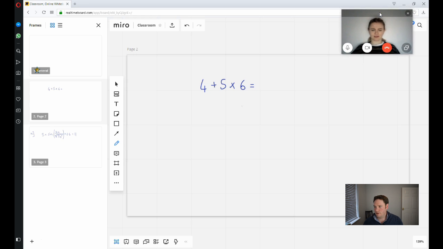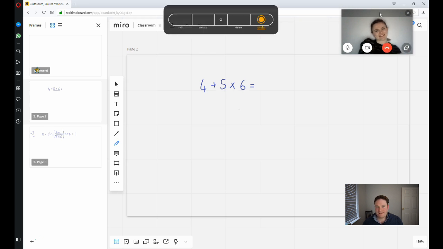54. If I'm doing it in the right order, then it's 54, but it's whether I'm doing it in the right order. Did you do these 2 times together first? No, I did 4 plus 5 first, and then times it by 6, which might not be right.